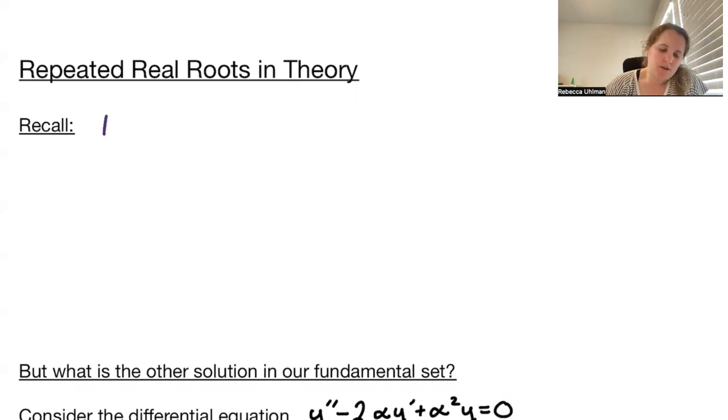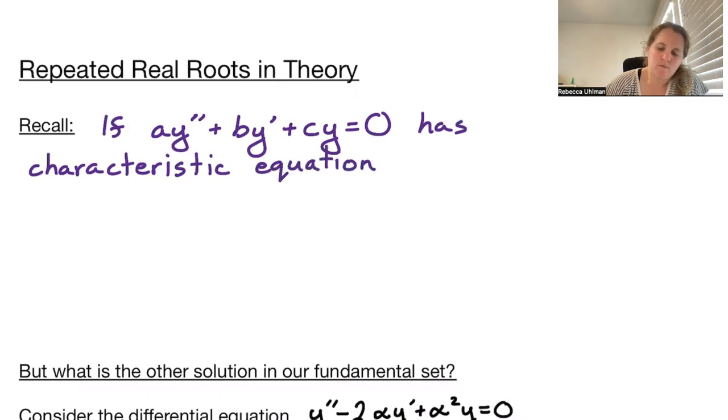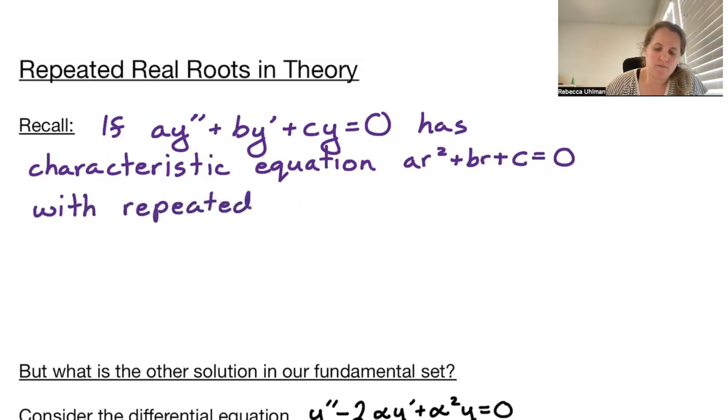So recall, if the differential equation ay double prime plus by prime plus cy equals 0 has characteristic equation ar squared plus br plus c equals 0 with a repeated real root, r1 equals r2, we'll set that equal to alpha.